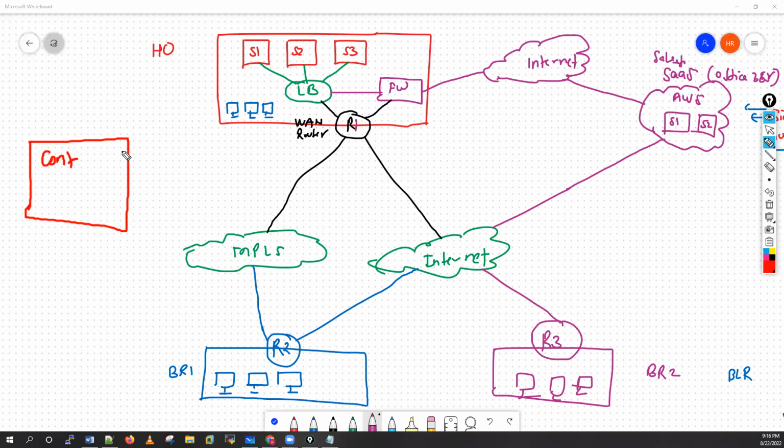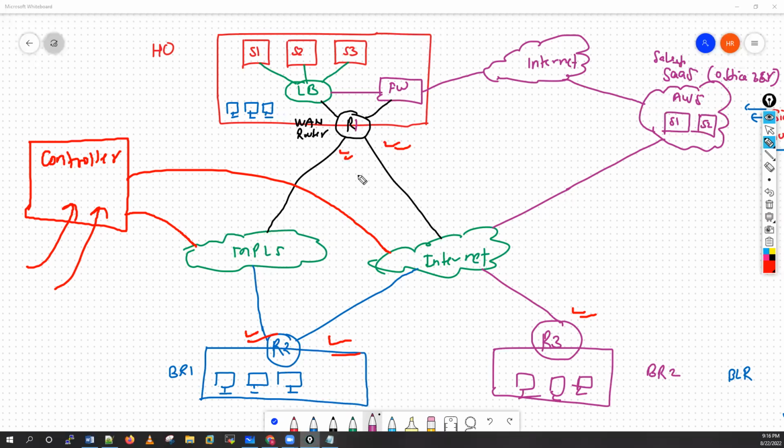This controller has connectivity with all your routers, all your WAN edge routers, and it is fetching all the information. It is fetching all the monitoring, all the status of these interfaces, CPU utilization, memory utilization, the connection count, everything. These WAN edge routers are providing it to this controller.